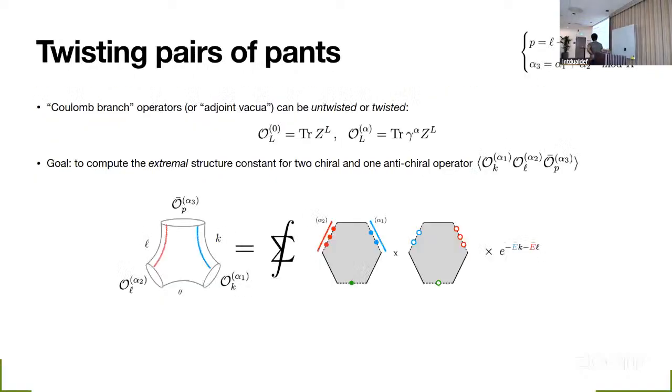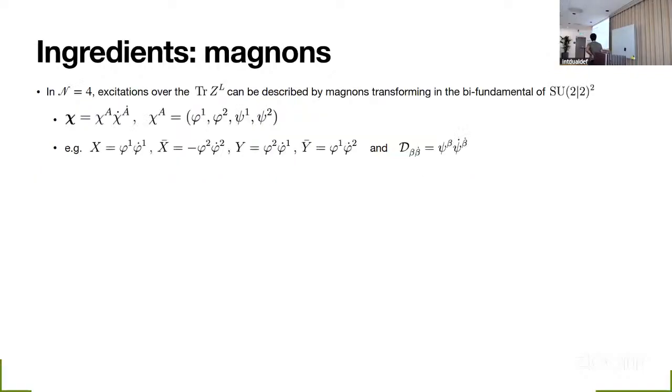So I will just review some basic facts of this hexagonalization proposal. First of all, you have diagonals. They are always in a fundamental representation of SU(2|2) squared.